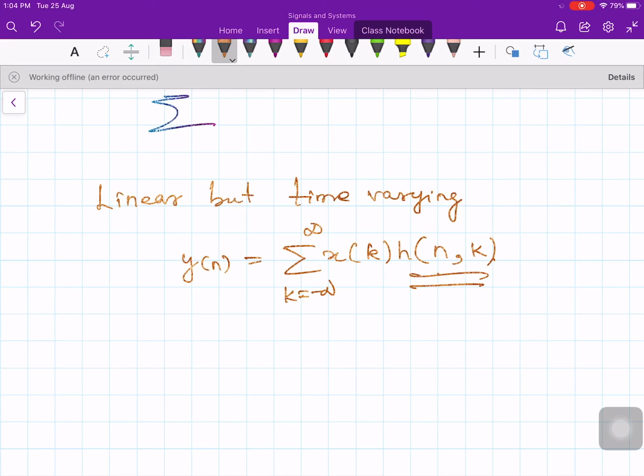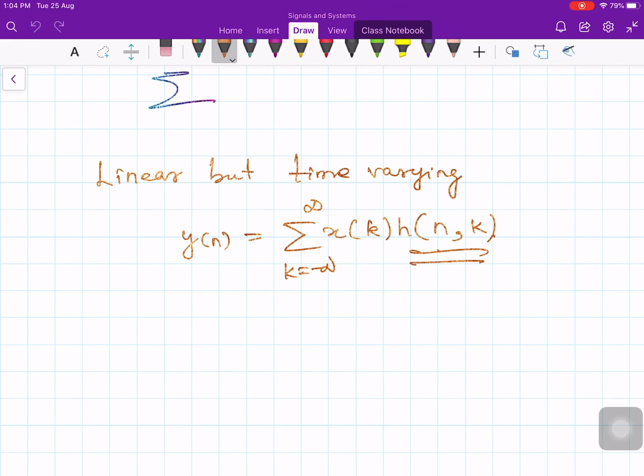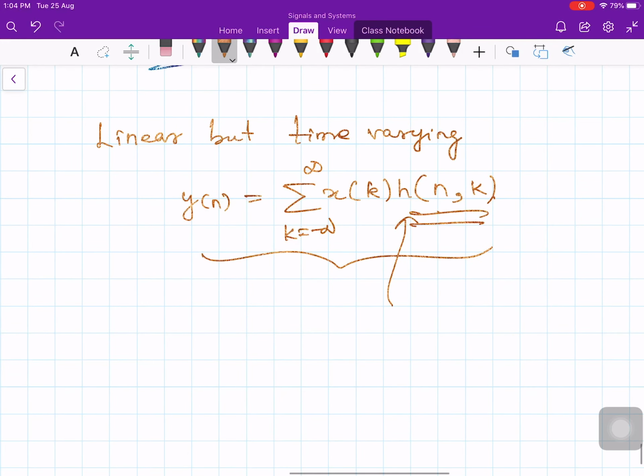So this is for the time varying case, and this kind of system output we will be studying in wireless communication, where the channel is continuously changing. So this h of n is nothing but the channel response. When the impulse is transmitted over the channel, the output of the channel is called the channel response.